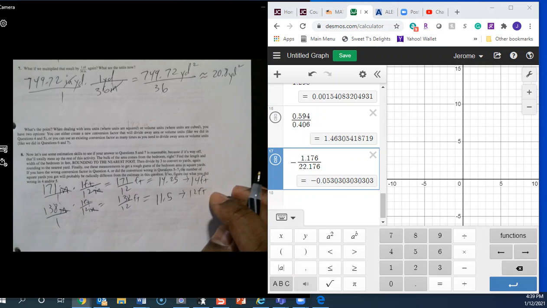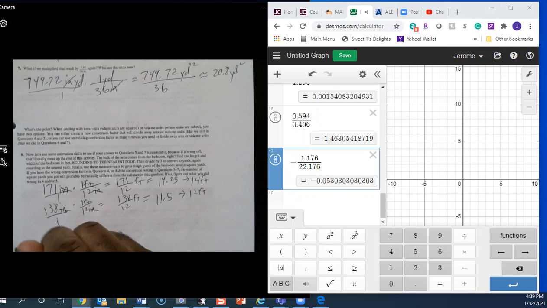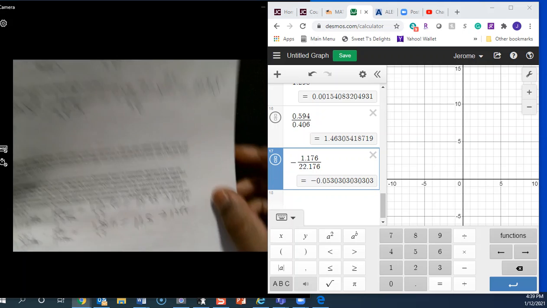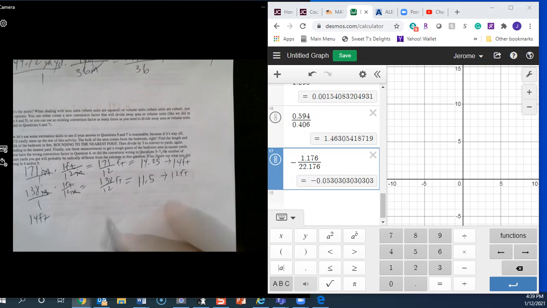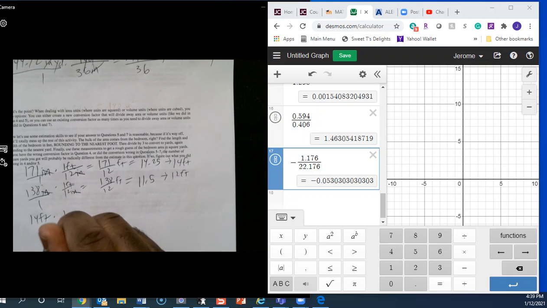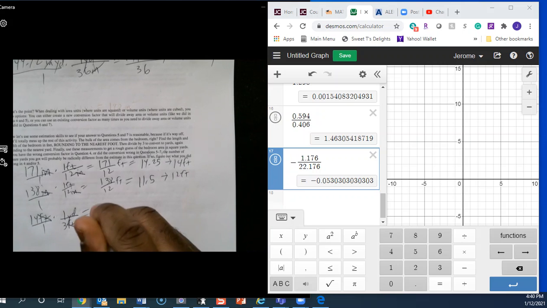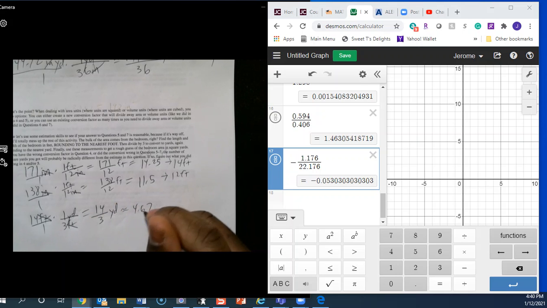Now we want to convert these feet to yards. So we have 14 feet times 1 yard over 3 feet. These feet will simplify out. You have 14 over 3 yards, which would be approximately 4.67, which is approximately, well, we could just say that it gives us 5 yards because we're told to go to the next whole number of yards.